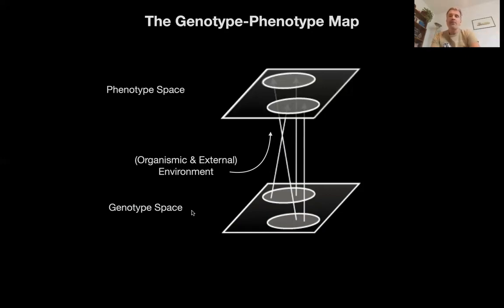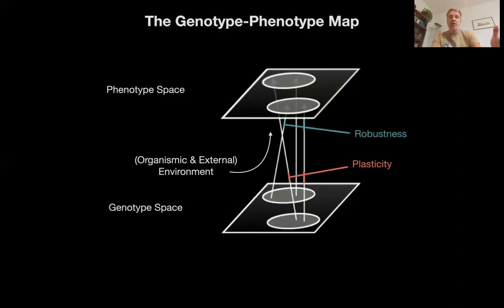And another thing that you should think about when you think about this map, it's not a simple one-to-one mapping. In fact, we have a two-way degeneracy, right? So there are arrows that go from the same genotype to different phenotypes in different environments, for example. And this is the phenomenon of developmental plasticity. Depending on the environment, the same genotype can produce different phenotypes.